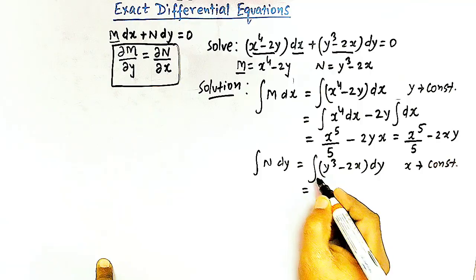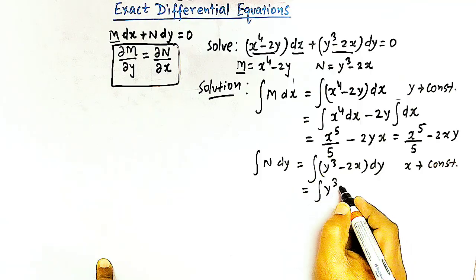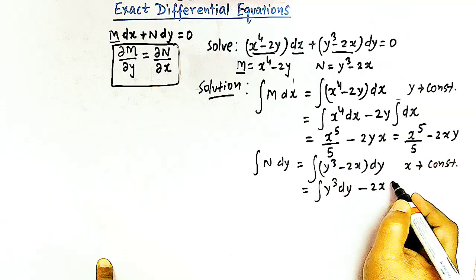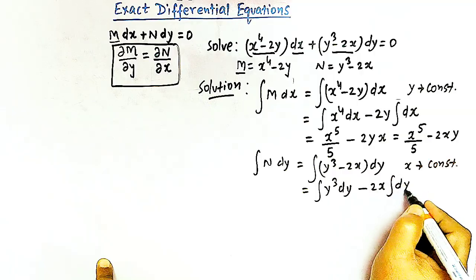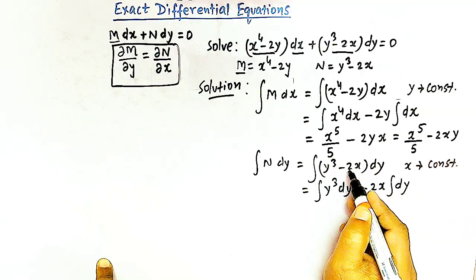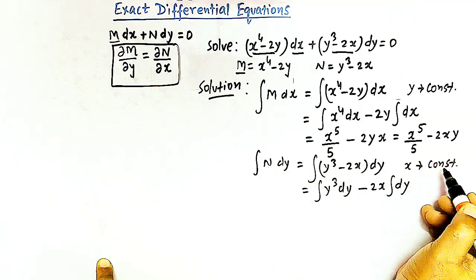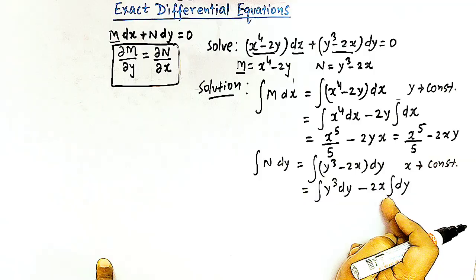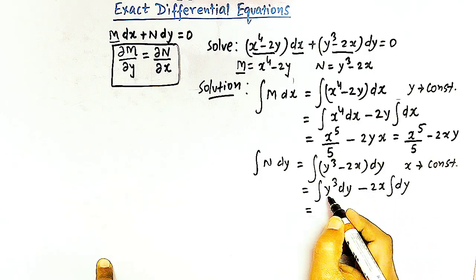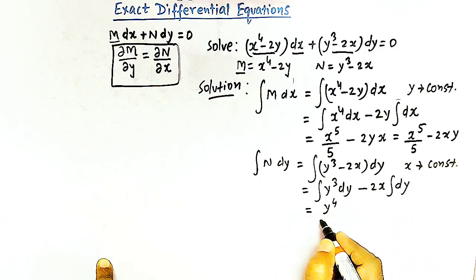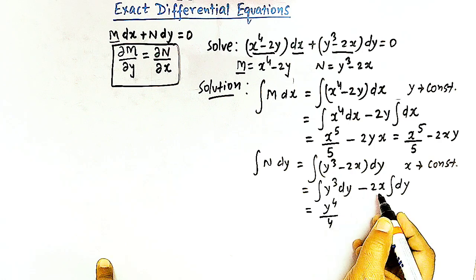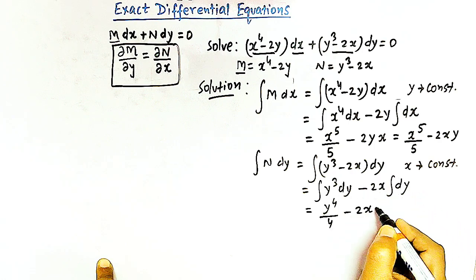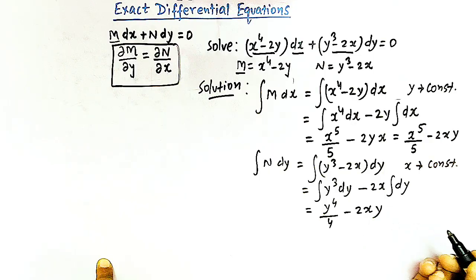So here we have now integral y cube dy, then we have here 2x and integral dy, because here we are taking x as a constant, so we can take 2x outside the integral. So now here we have y raised to 4 over 4, and here we have minus 2x, and the integral dy is simply y, right?